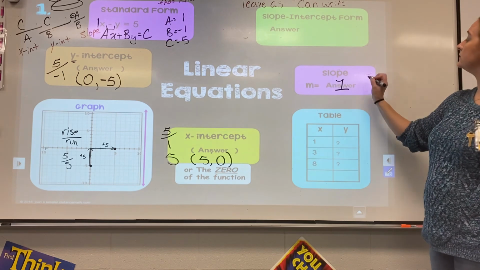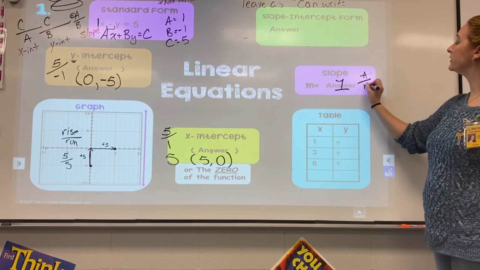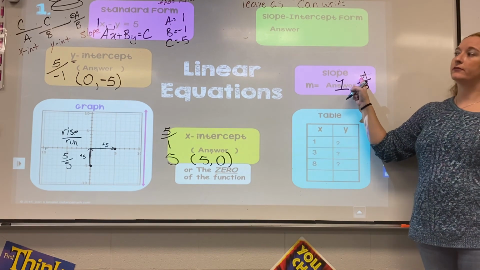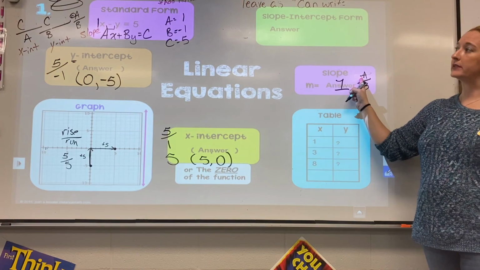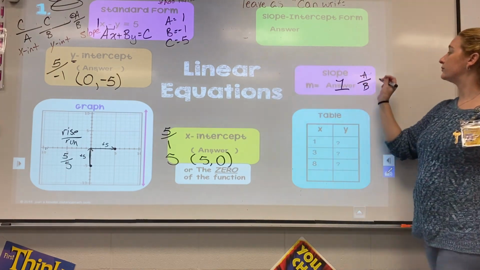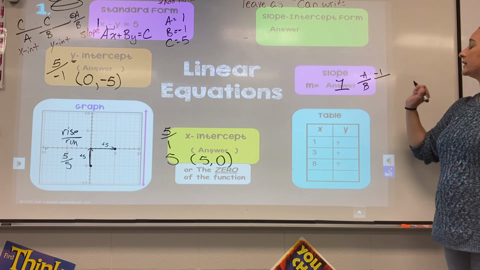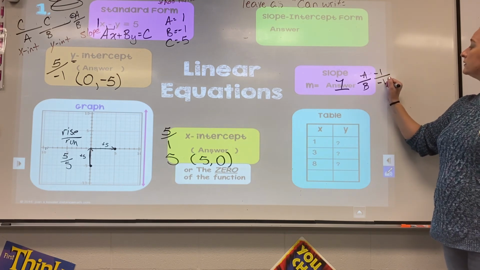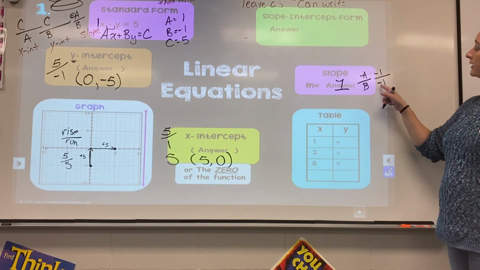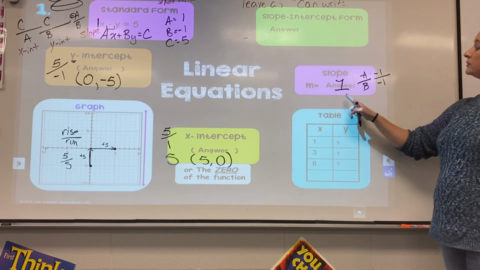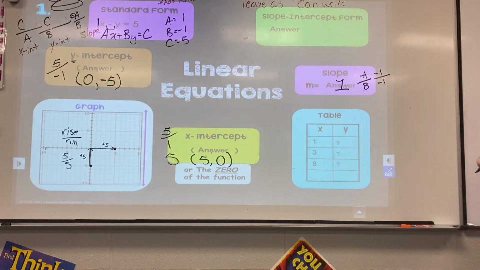We can also do negative A over B. The negative in front of the A means we're going to change the sign always. So A is positive 1, so to make it negative, it's going to be negative 1 over negative 1 for my B. Negative 1 divided by negative 1 also reduces to 1.